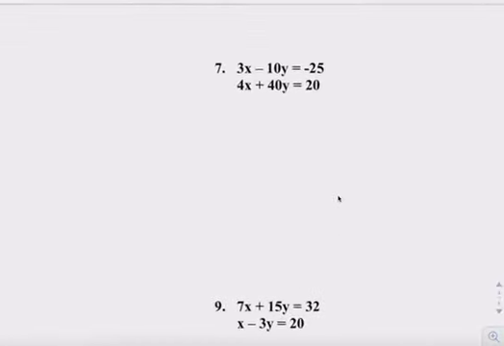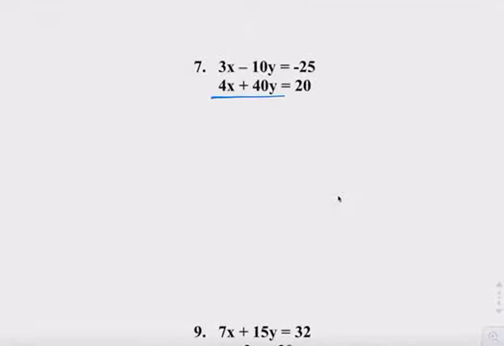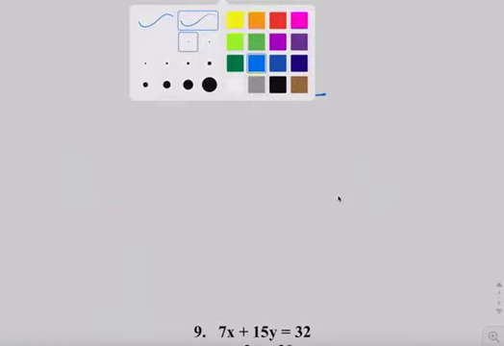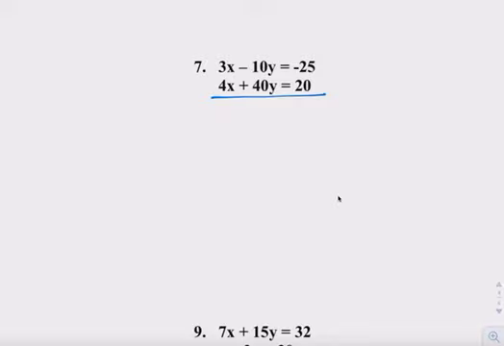This one I think we did in the class. You multiply this by 4 to make this number equal to the 40. So you essentially get 12x minus 40.